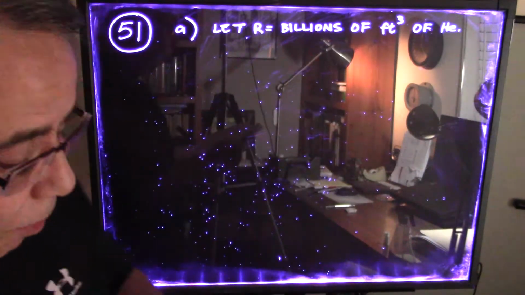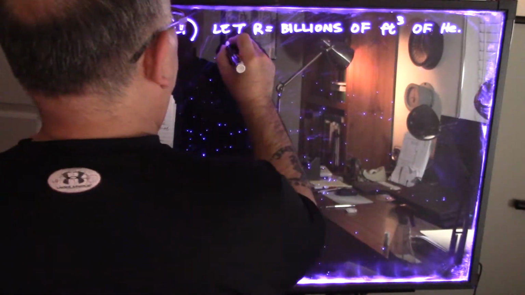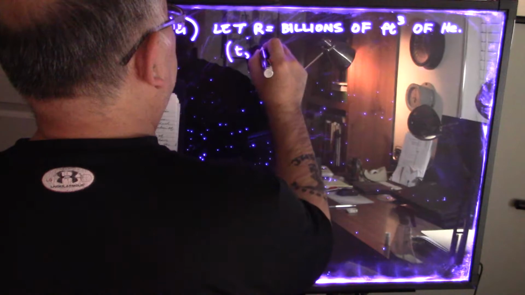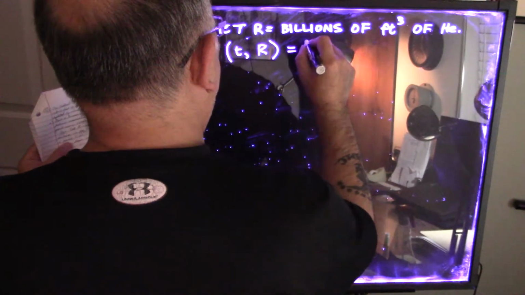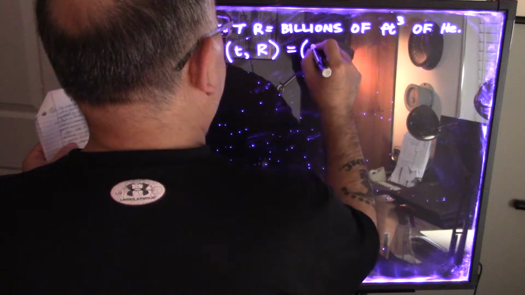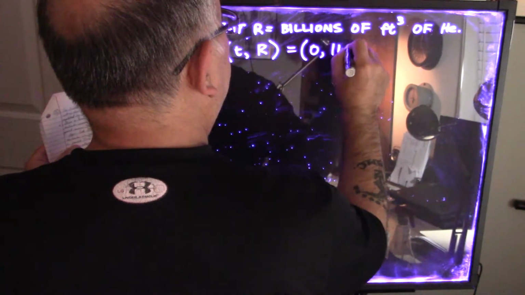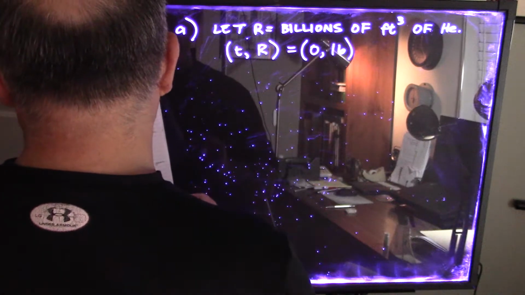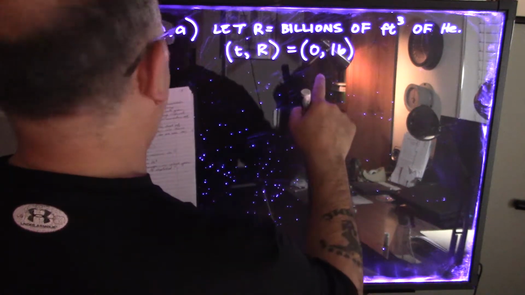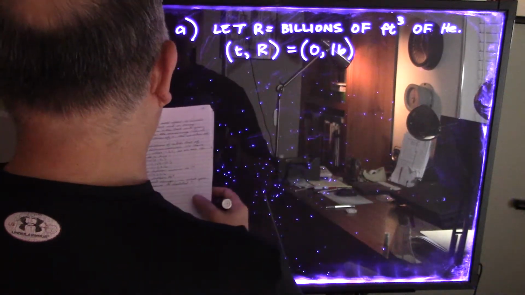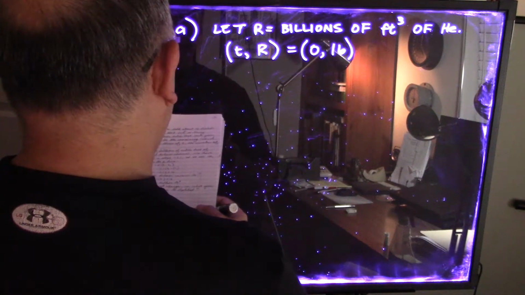Okay, so now we have a point t, R, which is 0, 16. So that's the number of years since 2010, 0. So in 2010, there was 16 billion cubic feet of helium.